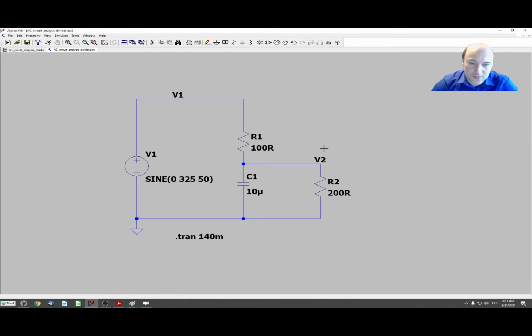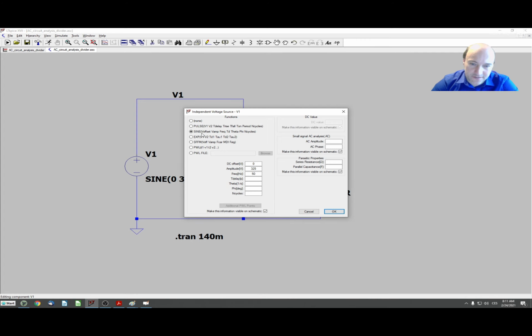So in order to do this, I have created the same circuit in LTSpice. Here I have defined a sine wave voltage supply. Here we have 325 volts, but this is the amplitude, and in our calculation we had 230 volts RMS value.